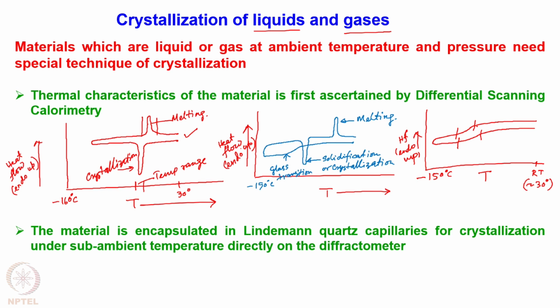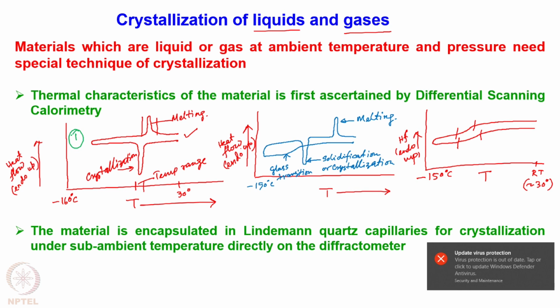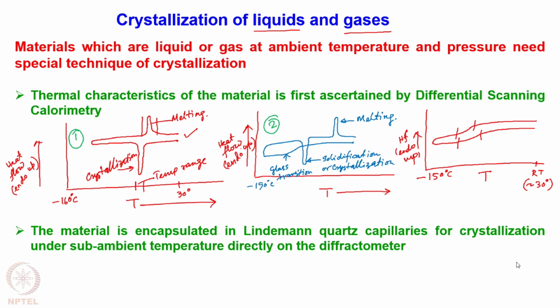So if such a liquid is encountered, we should not try to crystallize it, because they do not tend to form crystals on cooling. So the first two types of liquids, which show some kind of crystallization behavior, the liquid of type 1 and the liquid of type 2, can be used for crystallization purposes.